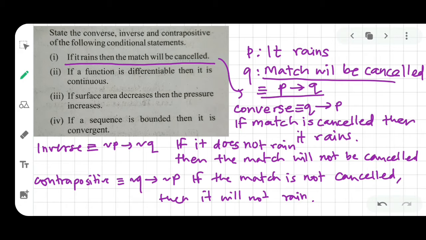Because they are using simple present tense, I will write: it does not rain. Okay, so this is the answer which we were looking for in the first question.